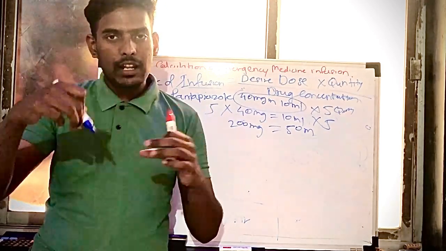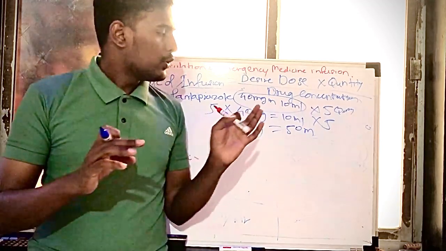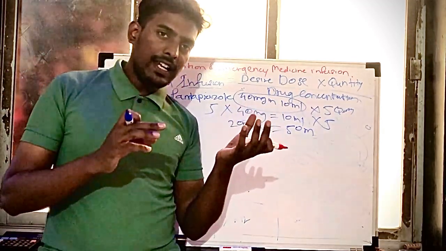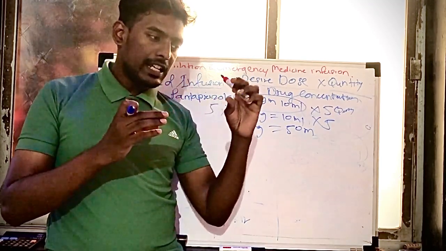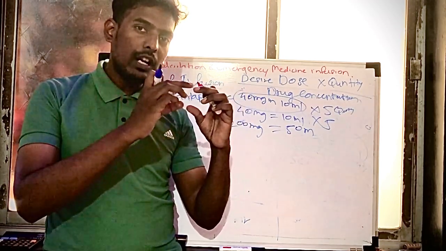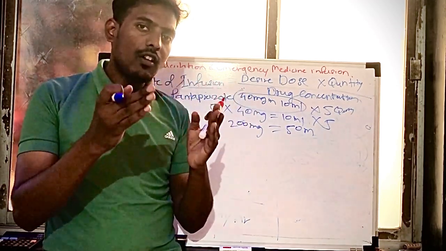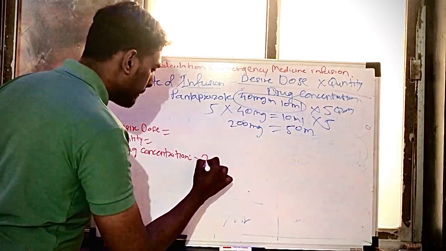Now just take all of that in one syringe, a 50 cc syringe. So you will get 5 vials of pantoprazole in that one syringe. Each vial contains 40 mg, so 40 mg into 5, total 200 mg of drug in your infusion pump.